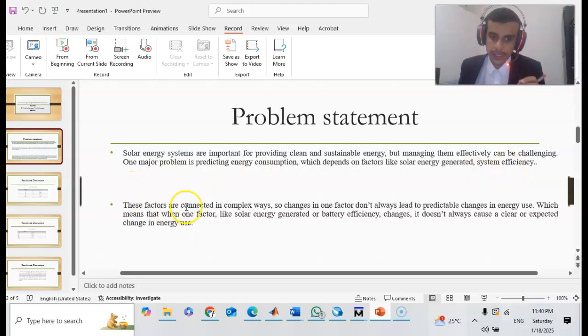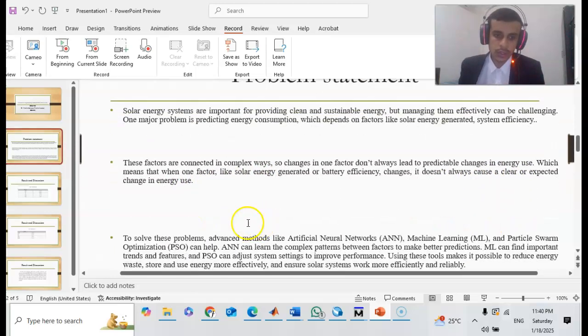These factors are connected in a complex way, so changes in one factor, like solar energy generated or better efficiency, do not always cause a clear or expected change in energy use.